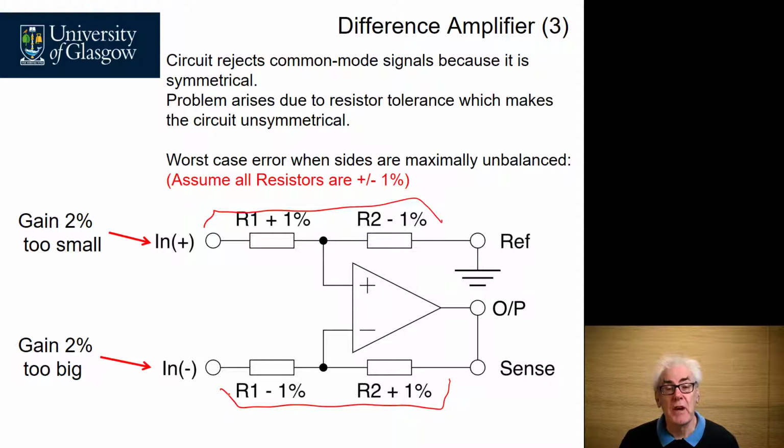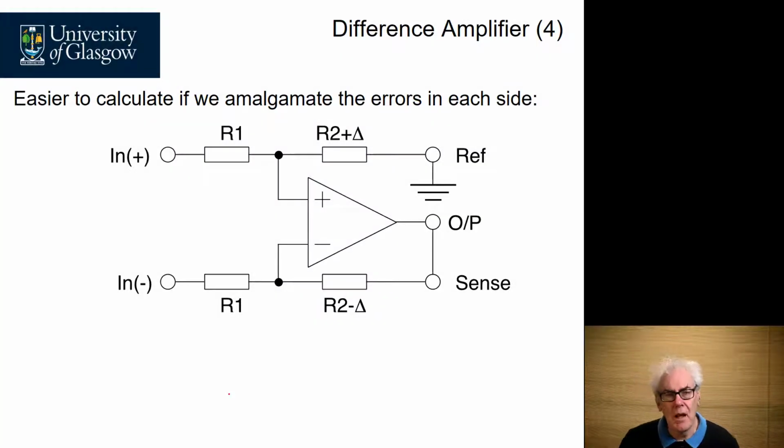So we need to calculate what the effect of this resistor mismatch would actually be. It's easier to do the analysis if we collect all the errors onto one resistor. So we've said, let's assume that this resistor here, R2, is 2% high, and this resistor here, R2, is 2% low.